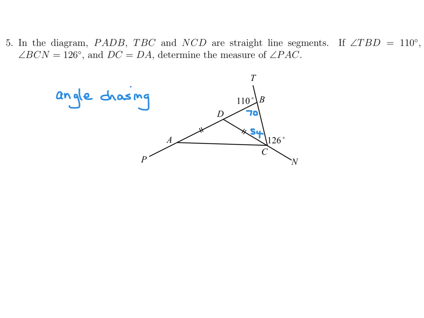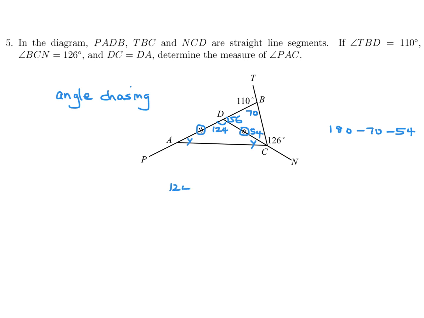And then this angle in here, that is going to be 180 minus 70 minus 54, and that's 56. And then, therefore, this angle would be 180 minus 56, which is 124. And then since this shows me that that is an isosceles triangle, these two are the same.